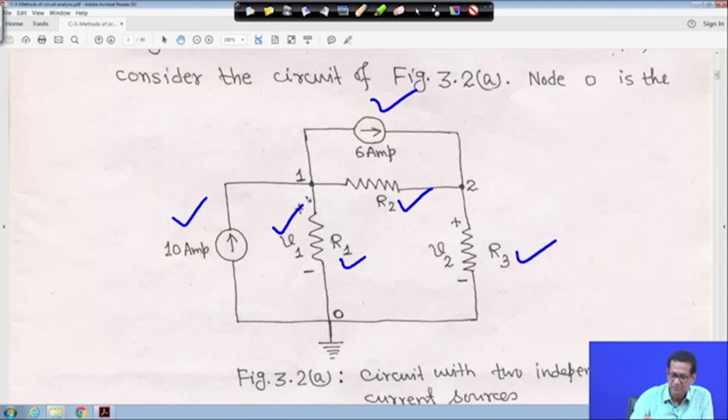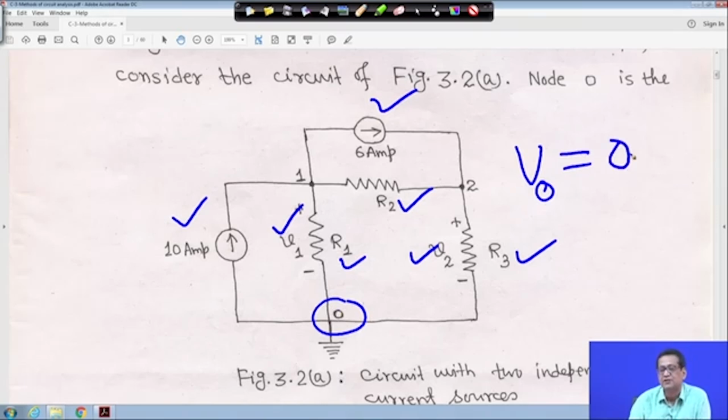Here it is marked as voltage V1, and here as voltage V2, and this is your reference point, V0, the reference node or datum node. The potential of this is always equal to 0 volt, unless mentioned otherwise. The 2 nodes are given as 1 and 2. So this voltage V1 is given.